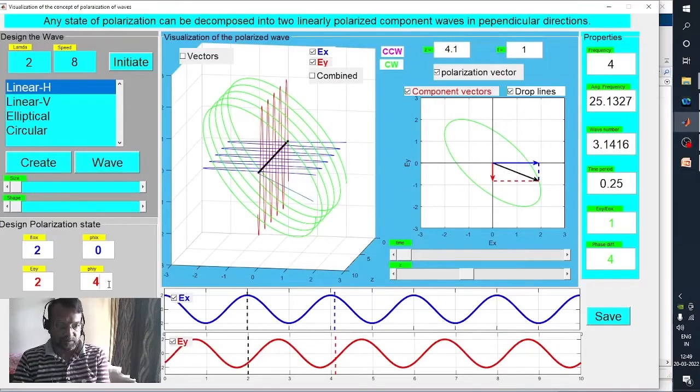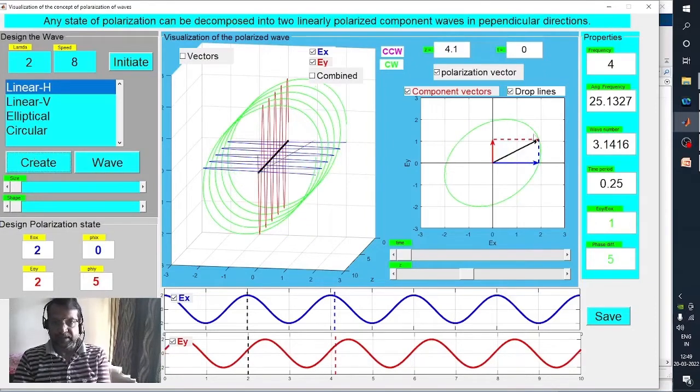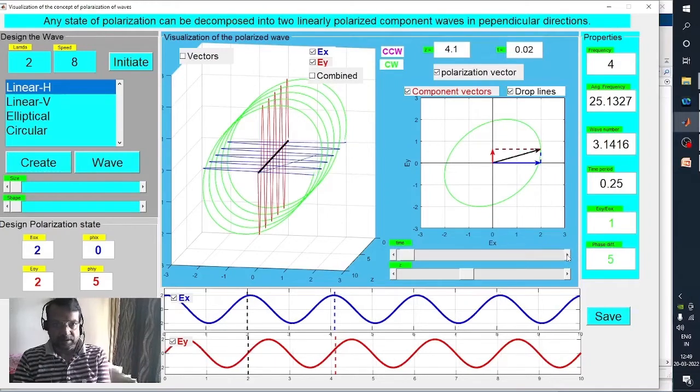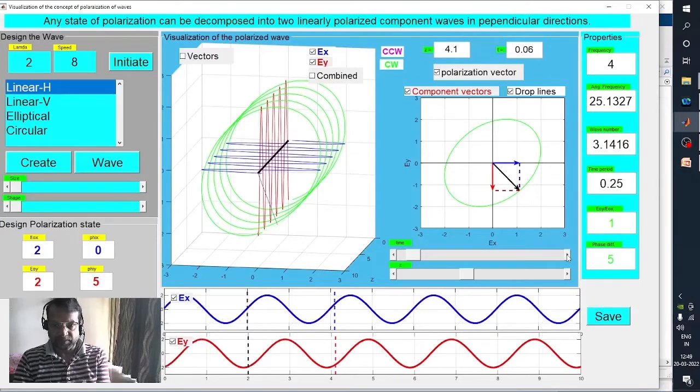So at 4.71 we have already seen it is a circle. At 5, again it becomes a bulged ellipse, making an acute angle. Let me give some time snapshots.